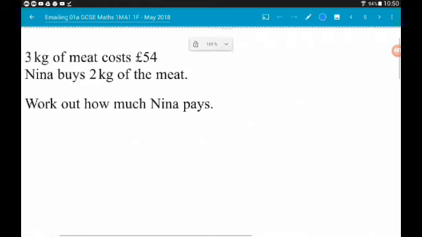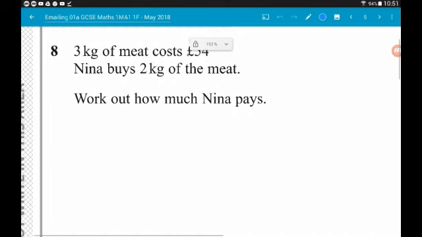Okay, question 8. 3 kilograms of meat costs £54. And Nina buys 2 kilograms of the meat. We want to work out how much Nina pays.